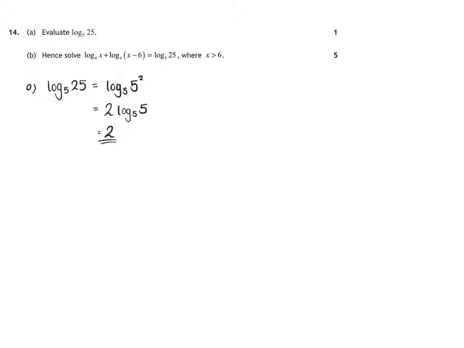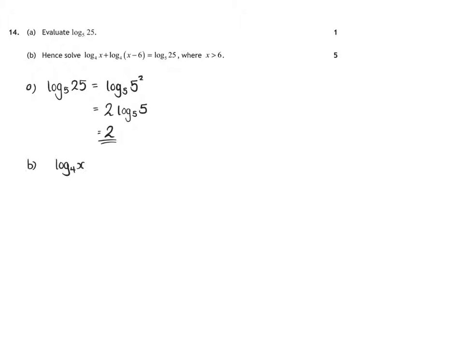Right, so for part B we've been asked to hence solve log to the base 4 of x plus log to the base 4 of x minus 6 equals log to the base 5 of 25, where x has to be greater than 6. First thing is to write it out.